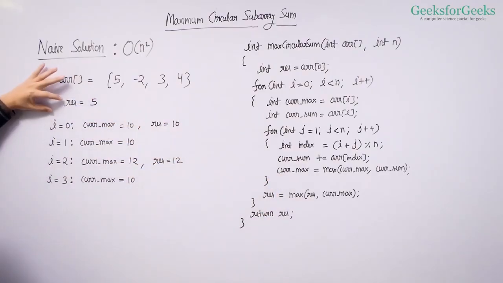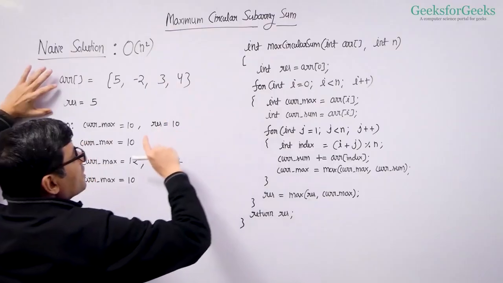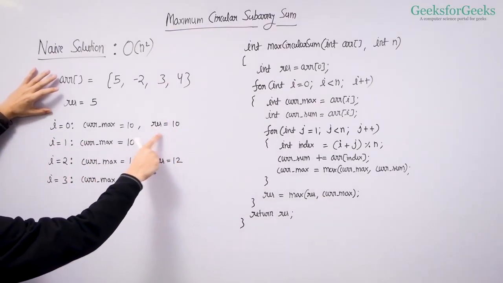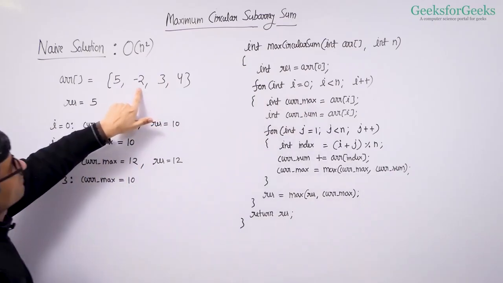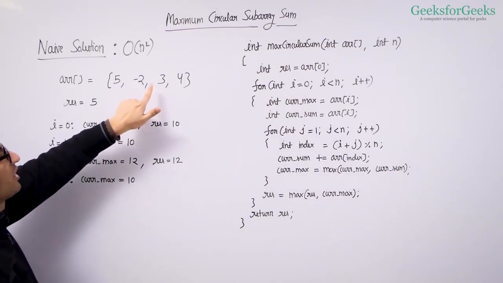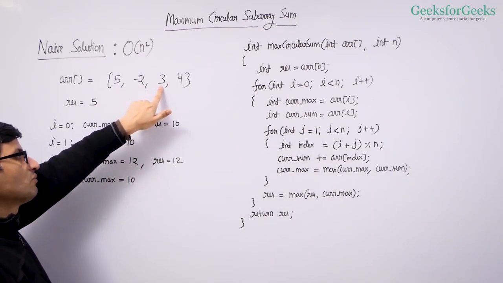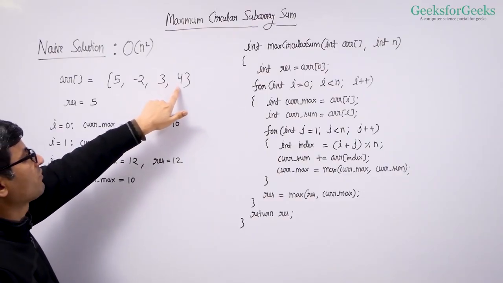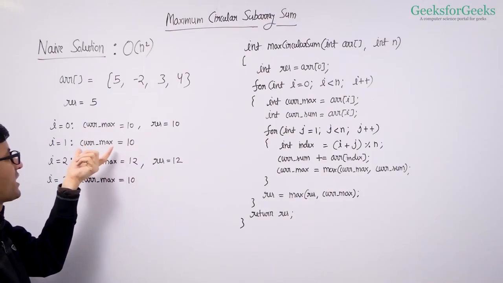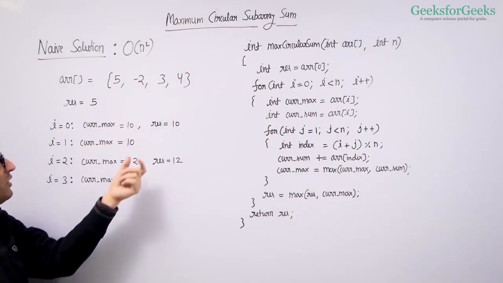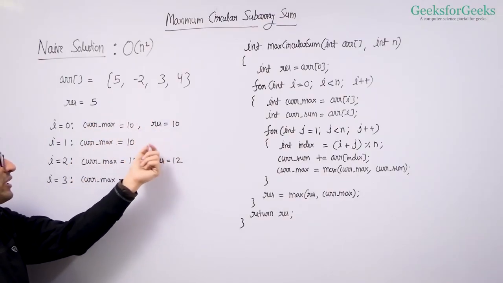So your result, which was initialized as array[0], you will update to 10. Now you begin your loop for i equal to 1. Your current sum will be minus 2 first, then minus 2 plus 3, which is 1, then 1 plus 4, which is 5, then 5 plus 5, which is 10. So you're getting the current max sum as 10 for minus 2 also. It's not greater than the result, so we don't update the result.